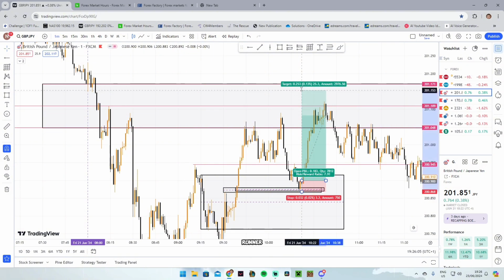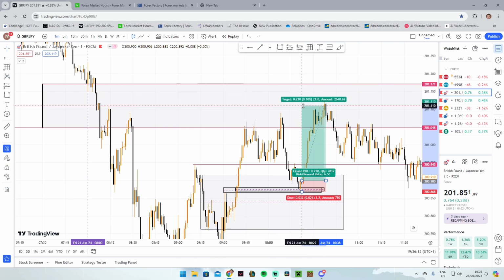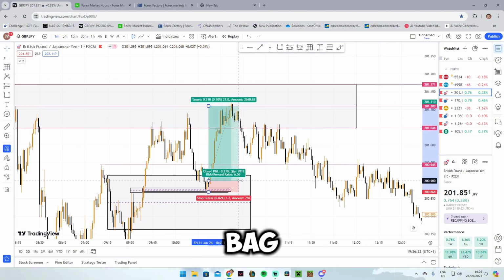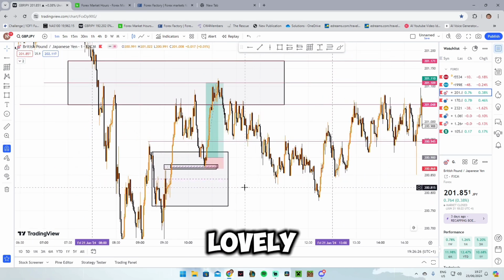And I say you just left a runner here for break even after taking like 80% of your profits here. And you got stopped out with like 10 minutes for this. Yeah. Lovely bag work. Tell me that ain't lovely.